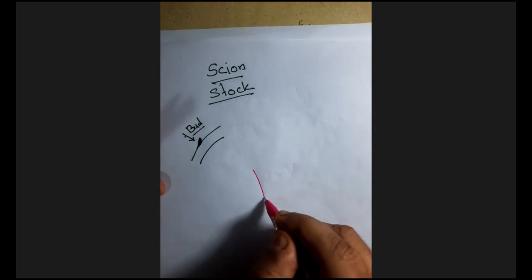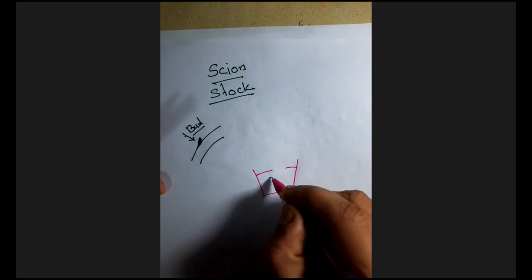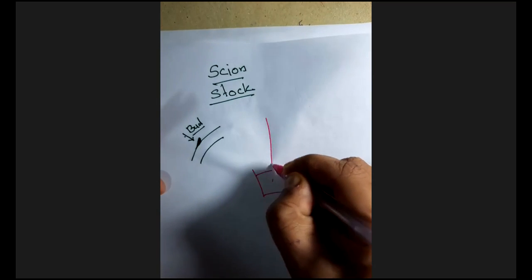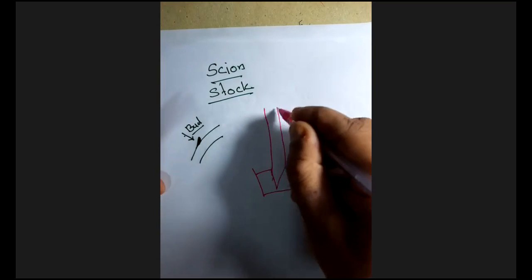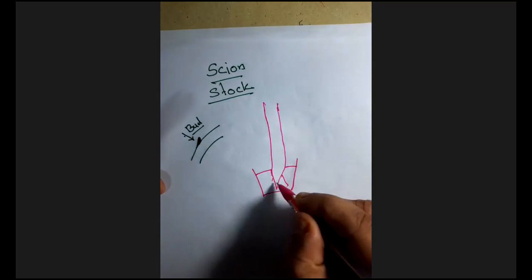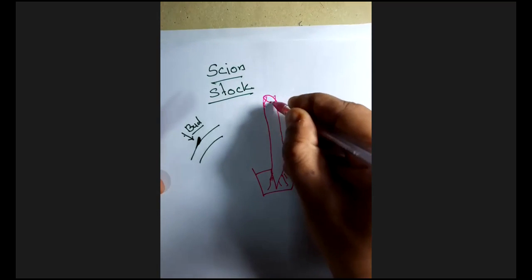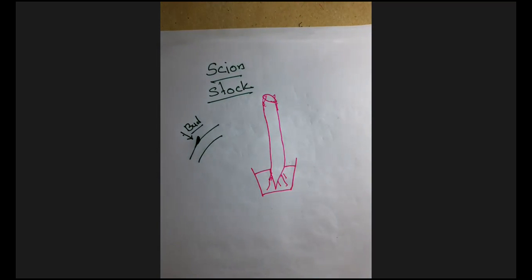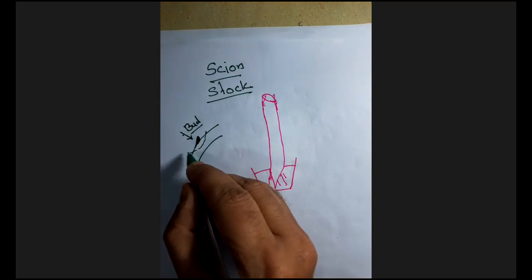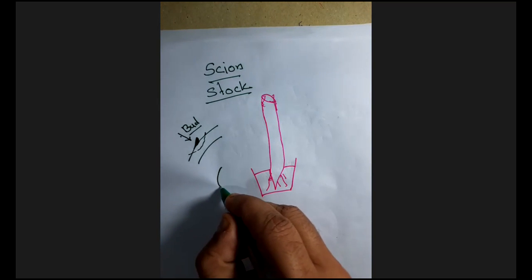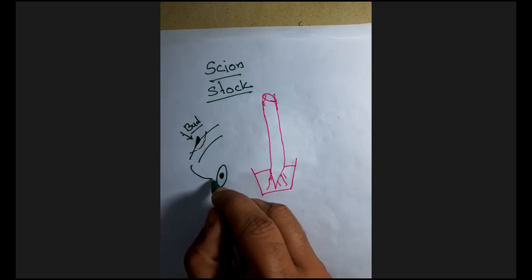Another plant we choose with a stem, and it is the stock plant. Stock plant is responsible for the root system. We cut and take this bud with the bark. So this is how it will appear if you see it from the front after removing.